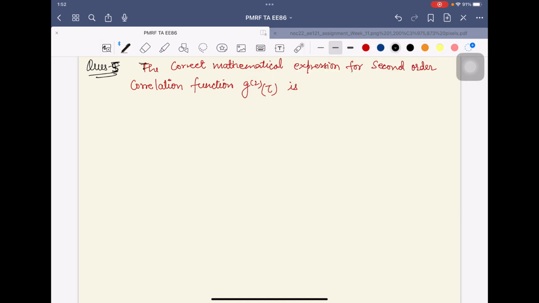The options are: A, G2 tau is equal to E(t) E(t plus tau) divided by I(t plus tau).